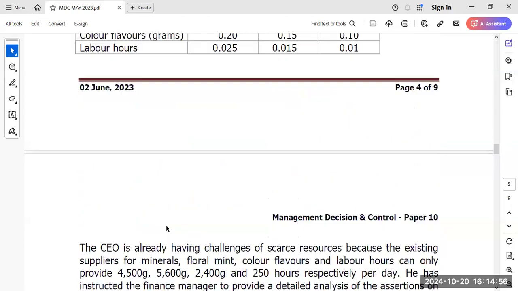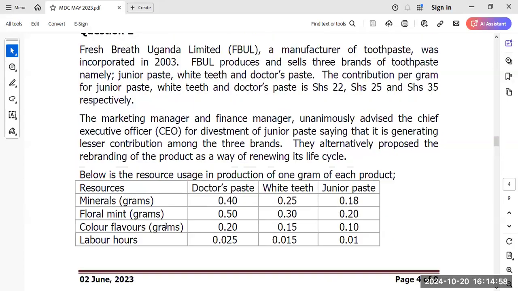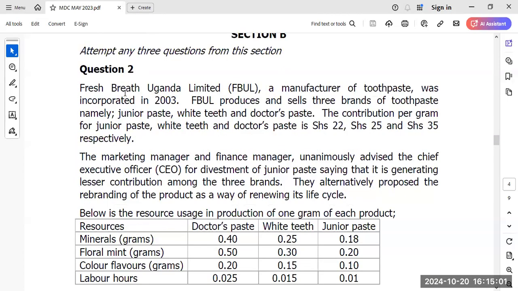So it means that you need to analyze the question and see the information given. Here they are telling us that this company, a manufacturer of toothpaste, was incorporated in 2003, and it produces and sells 3 brands of toothpaste.